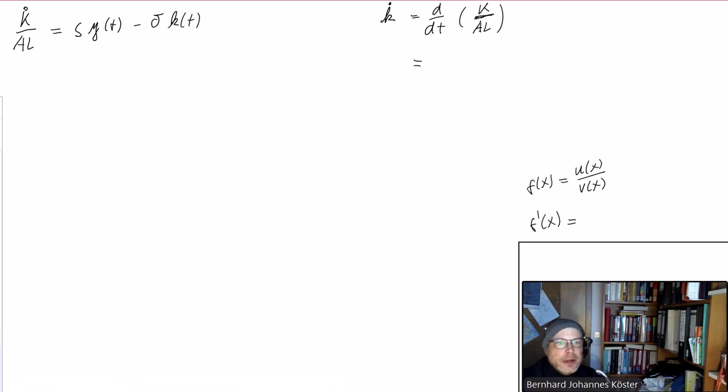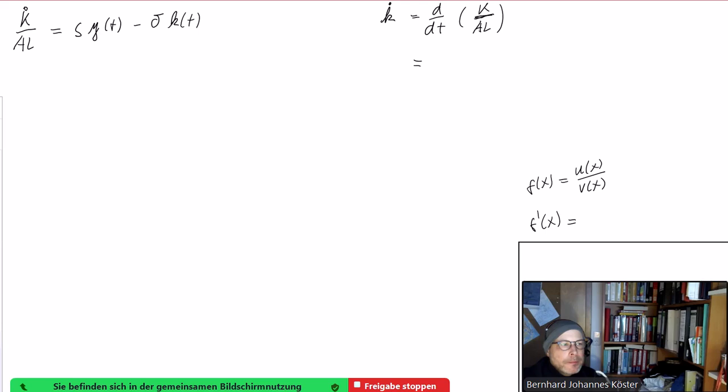Is there anybody out there who can help me? If you have a ratio of two functions, what is the derivative?